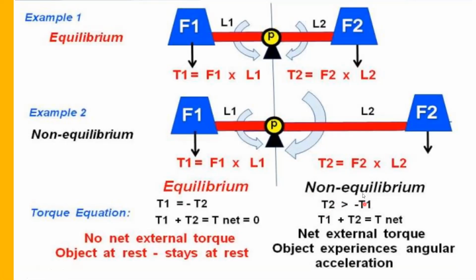If it is greater, I will say that this is unbalanced torque. This is not important for us. What is important for me now is the balanced torque. I want to make the torque at the right equal to the torque at the left. When they are equal, the object will not move.